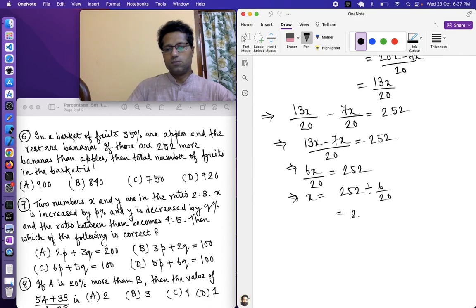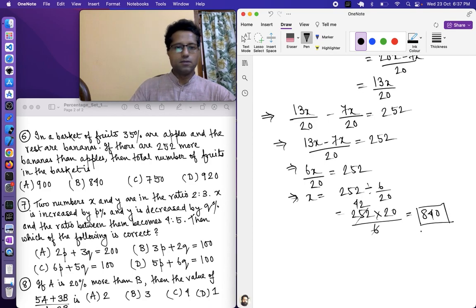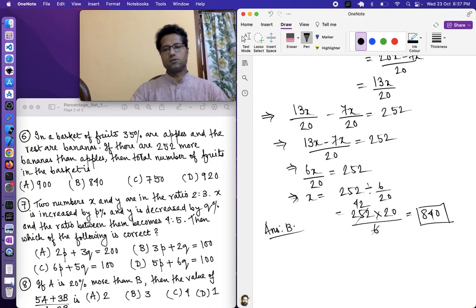This is equal to 252 multiplied by 20 divided by 6, and 6 divides 252 by 42, and this is equal to 840. So 840 is the total number of fruits in the basket, and hence the correct choice is B. B is the correct choice.